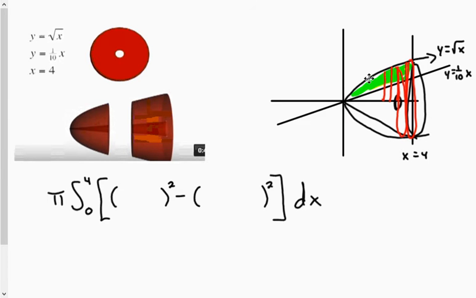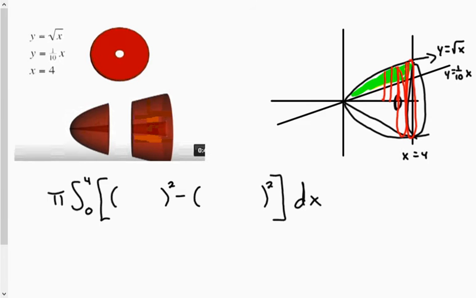Well, they're bounded on top by the function square root of x, and they're bounded on the bottom by 1/10 x. So that's just going to be the square root of x minus 1/10 x. Maybe I'll write it as x over 10. Right, because we take the y on top minus the y on bottom. Actually, I take this back. Almost made a careless mistake here.